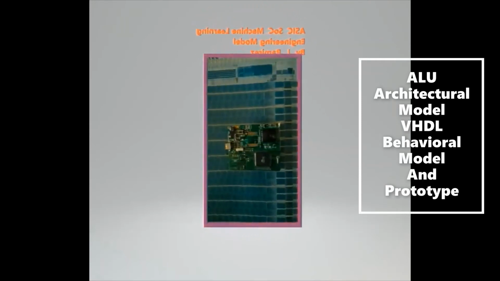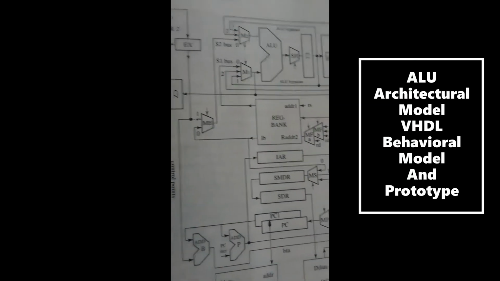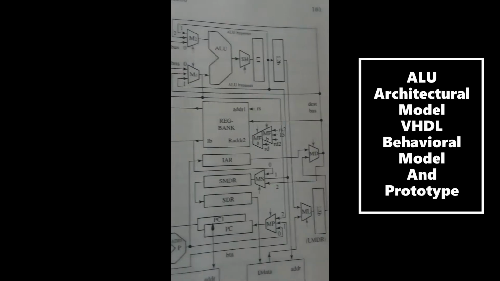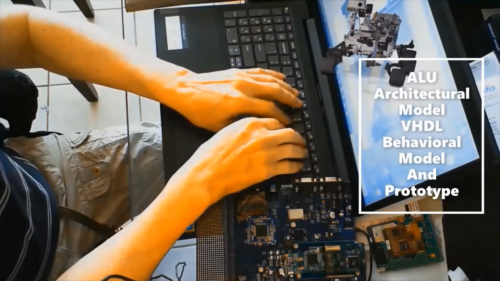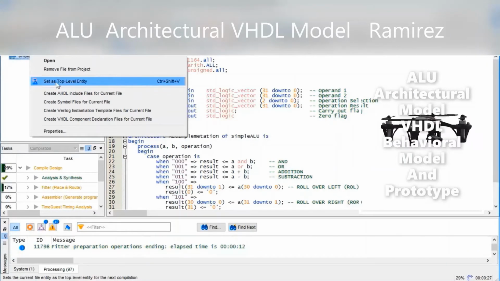The behavioral style makes use of the process statement. The process statement, which is the main construct in the behavioral model, allows using sequential statements to describe the behavior of the system over time.